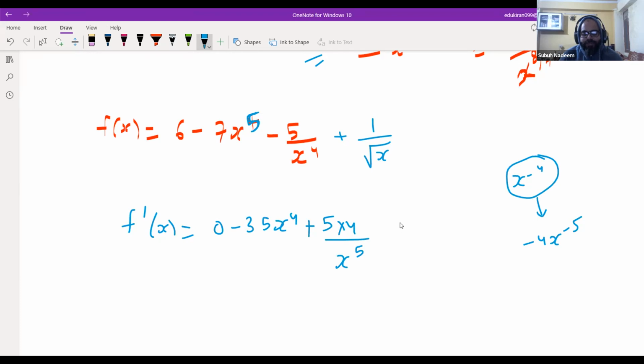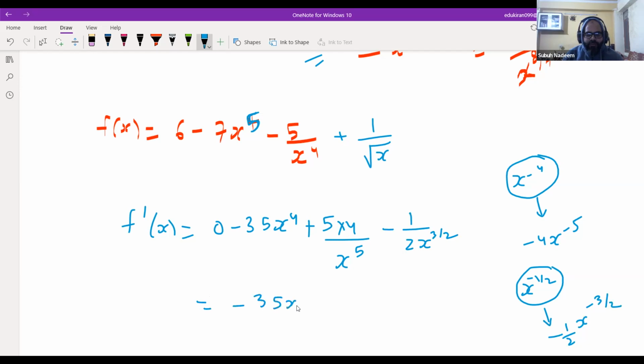And 1 by root x is x to the power 1 by 2 with a negative sign because it's a denominator. So n x to the power n minus 1 gives minus 3 by 2. So this will be minus 1 by 2 x to the power 3 by 2. So the answer is minus 35x to the power 4 plus 20 by x to the power 5 minus 1 by 2 x to the power 3 by 2.